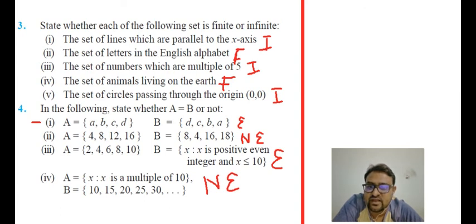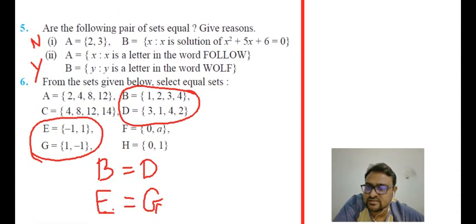I means infinite, F means finite, E means equal, and NE means not equal in question number 4. Next, question number 5 and 6.